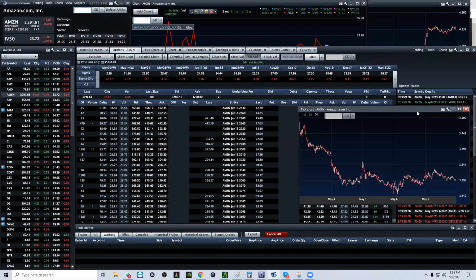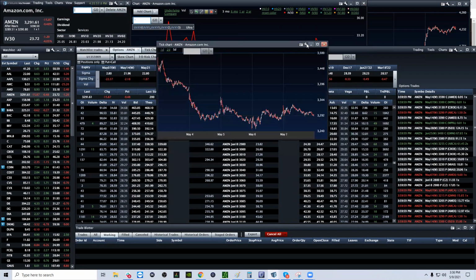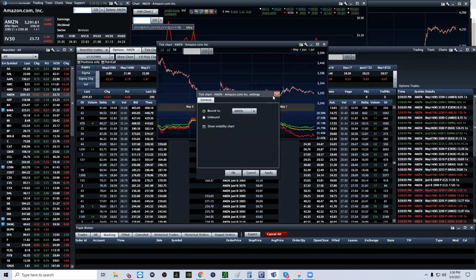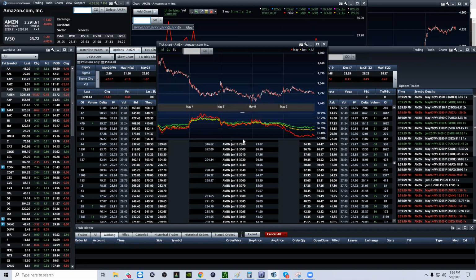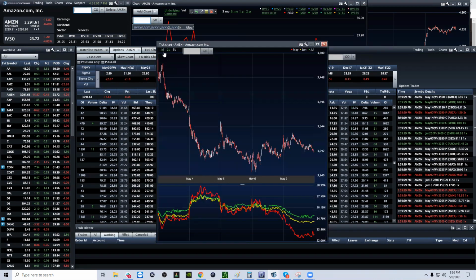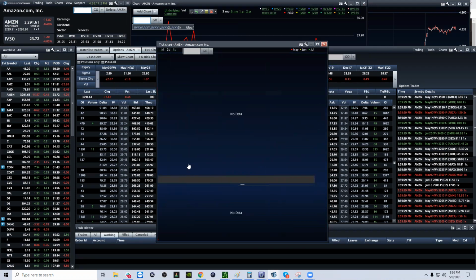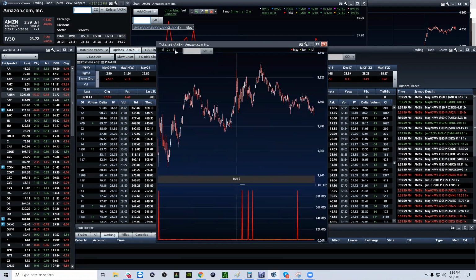Here's a tick chart of Amazon. I'm going to add in the tick chart of Amazon implied volatility for you to see. Check this out. This is a 1-day chart. Let me put a 2-day, 5-day.